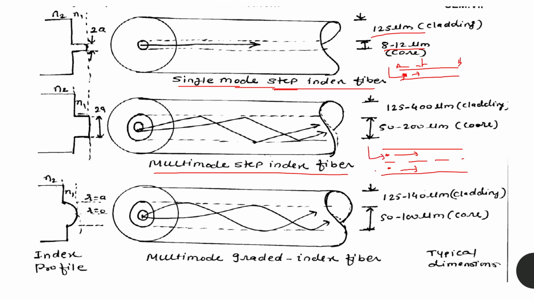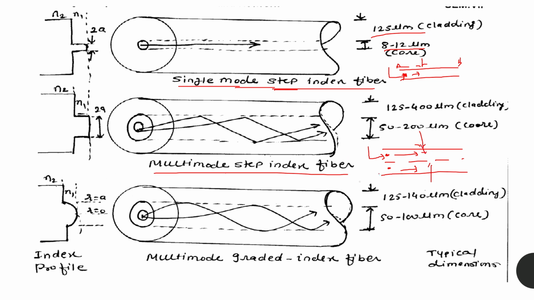Consider this as a car and this as a lane. Now consider the car as a light signal, and the lane as a path. This is a lane, and this is a lane. Consider this as a path.